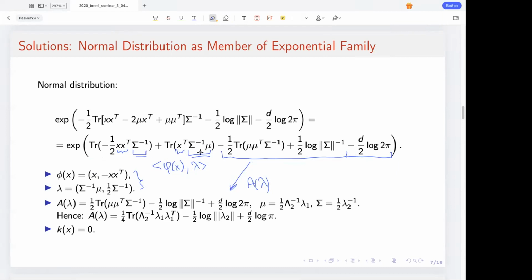Yeah, but x x transpose is symmetric, and therefore if we have a lambda which has 1 and -1 at the elements ij and ji, this will always give 0 with the scalar product with phi of x, because of the symmetry of x x transpose.